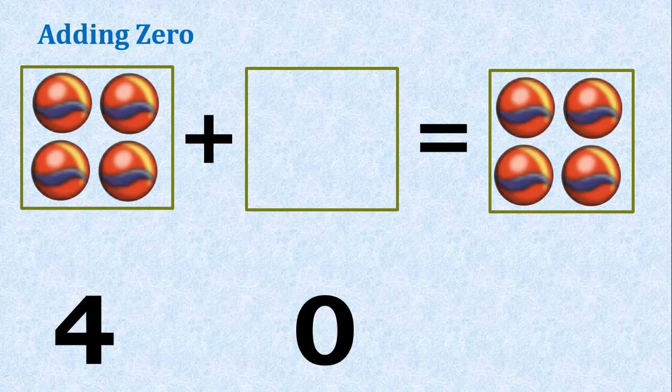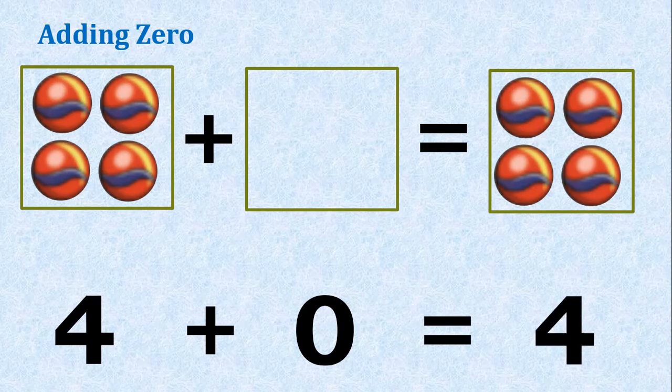Therefore, the mathematical statement will be 4 plus 0 is equal to 4. Now compare this statement with the picture given here. 4 marbles plus 0 marbles is equal to 4.